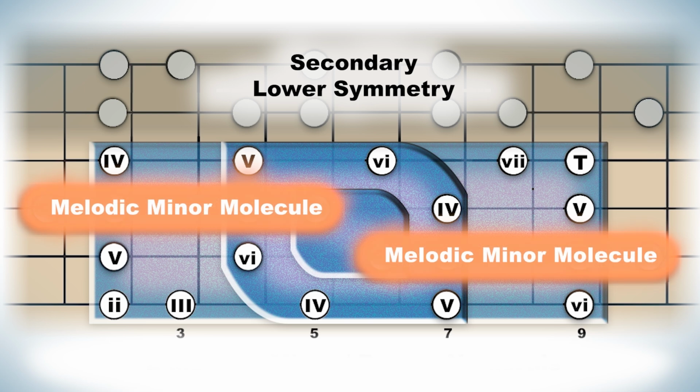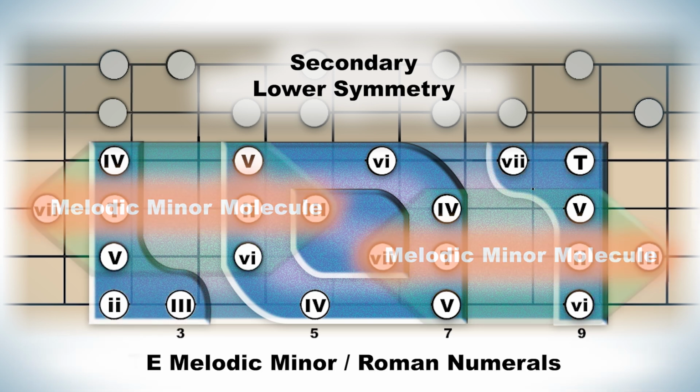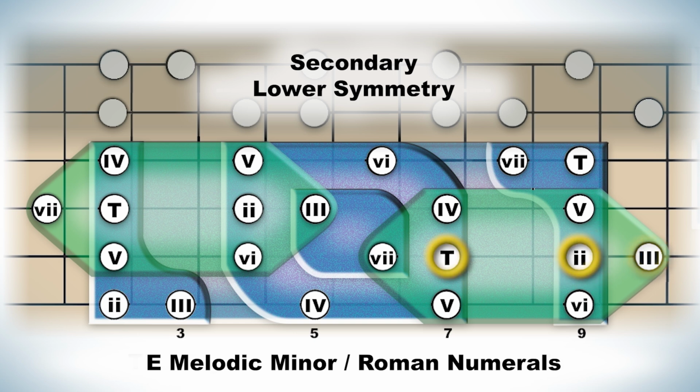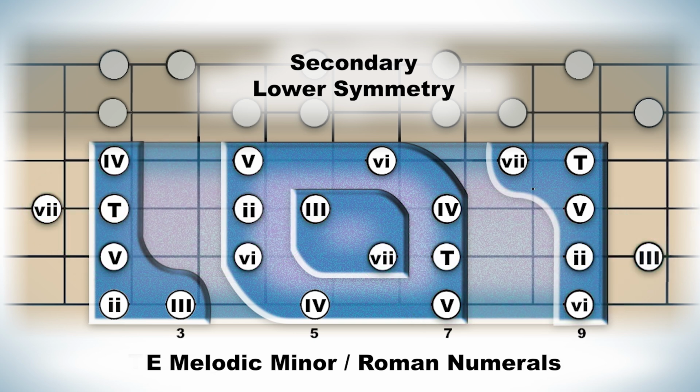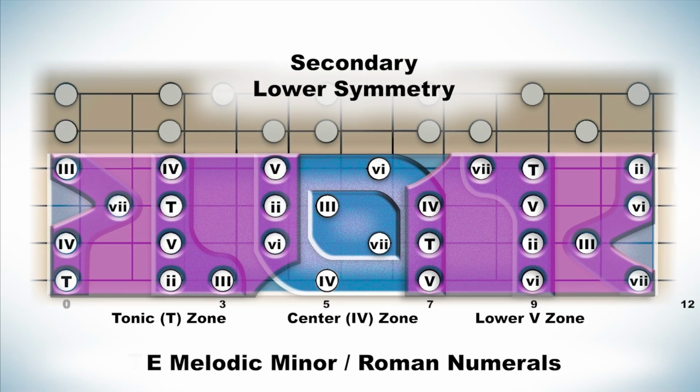Melodic minor symmetry can be expressed very clearly on the lower 4 strings of the guitar. These zone shapes are intended to emphasize that symmetry.